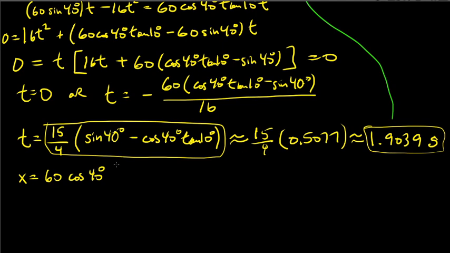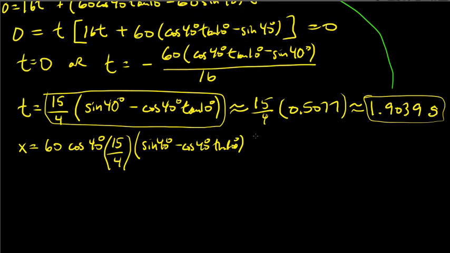All right, so indulge me here. So this times sine of 40 minus the cosine of 40 times the tangent of 10 degrees. So I guess we get 225 times whatever this is: sine of 40 degrees, cosine of 40 degrees, minus the cosine squared of 40 degrees times the tangent of 10 degrees.